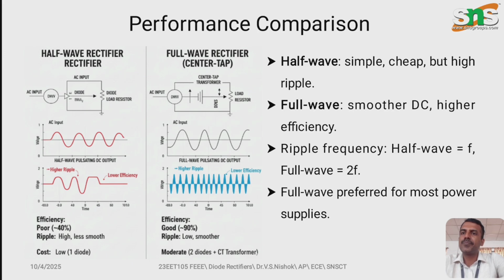If we see the diagrams, the full wave is completely converting AC to DC with more ripple frequency, which can be reduced with the help of filter circuits, using inductors and capacitors in the output path. For better performance, we will be using the full wave rectifier.